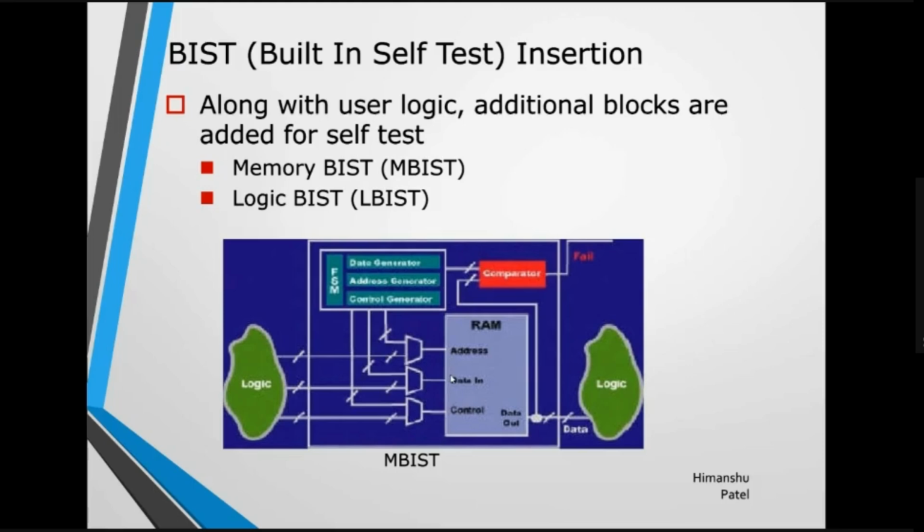Address, data in and control are the input pins, the control signals of this RAM, so you can access the RAM memory through these pins. This is the additional logic introduced by the built-in self-test mechanism, along with the FSM and the comparator, whatever you see outside this entire thing.